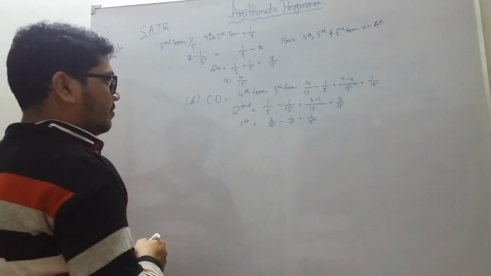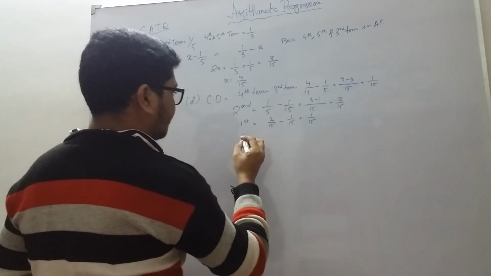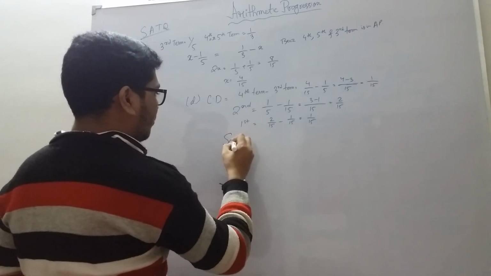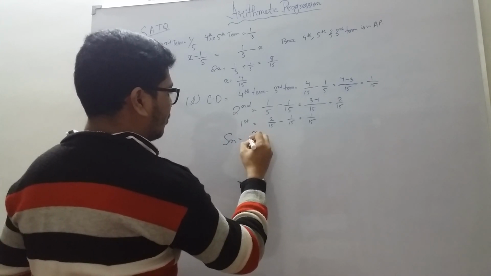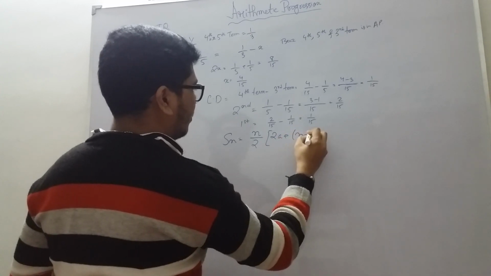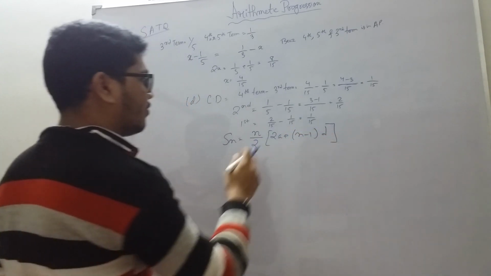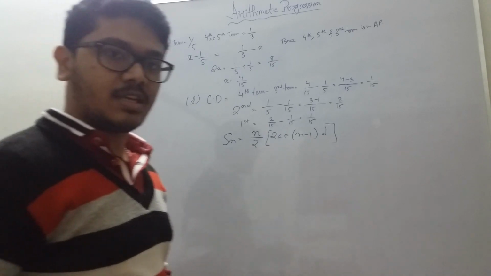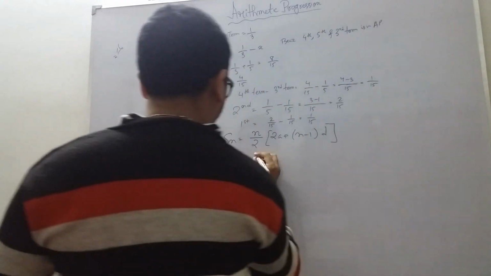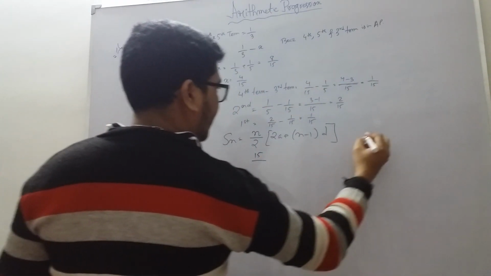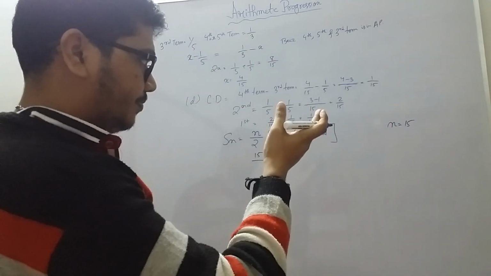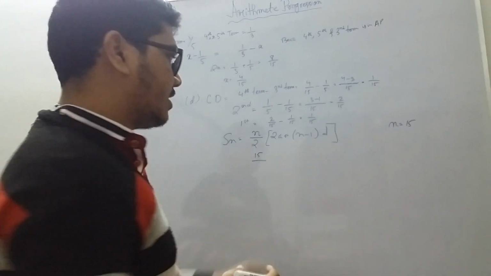We know that the sum of n terms is n by 2 multiplied by (2a plus (n minus 1) into d), where a stands for the first term and n is the number of terms, the total number of elements present. Here n is 15.